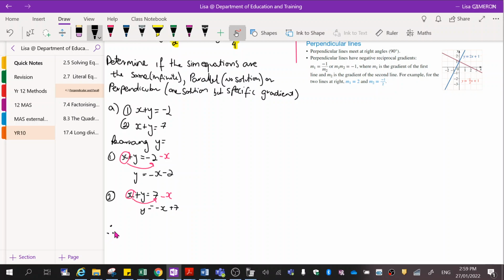So now we can start to think about what this means. Well, they've got the same gradient because they've got the same number in front of x, but they have different intercepts.